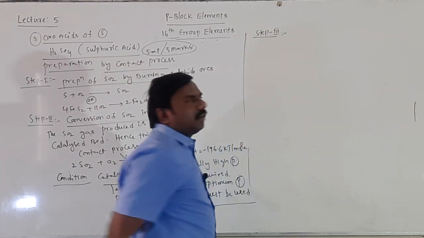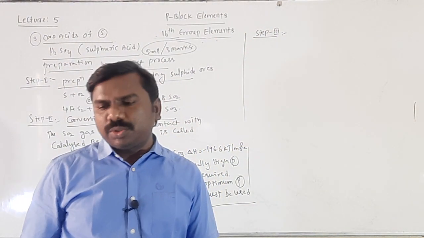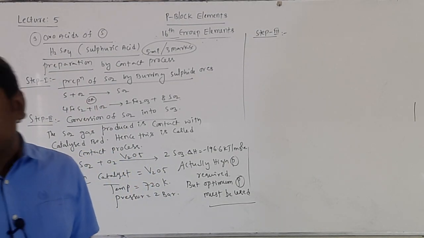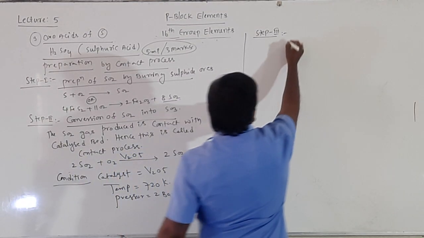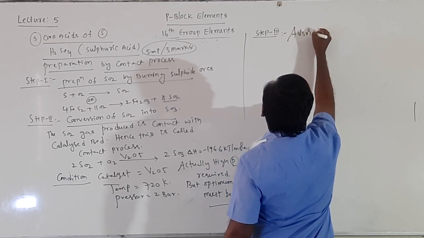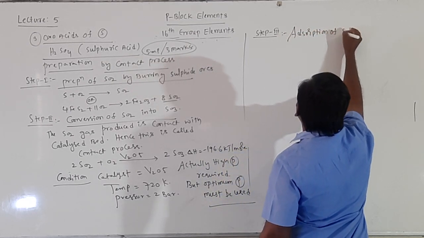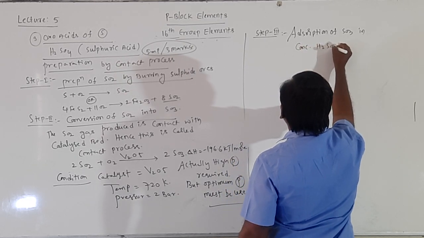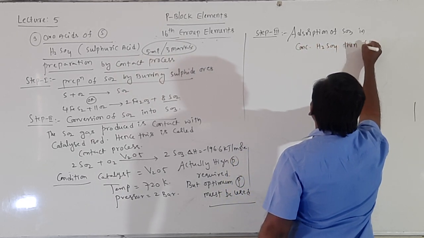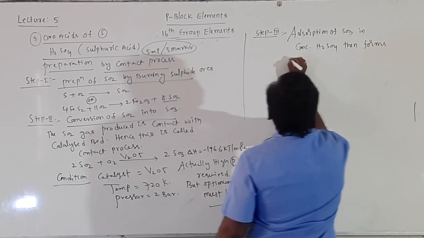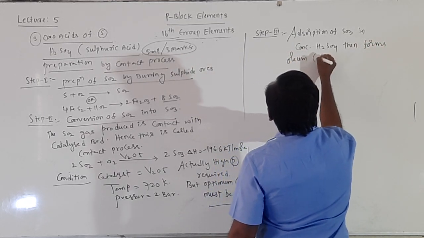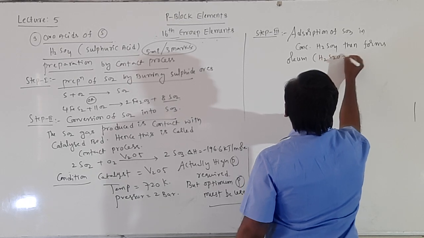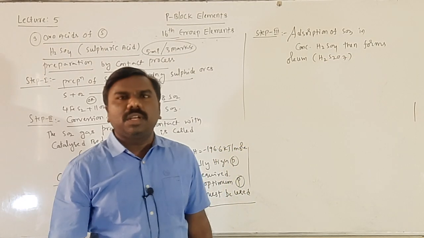Absorption of the SO3 gas in H2SO4. Absorption of SO3 in concentrated H2SO4 then forms oleum, that is H2S2O7.